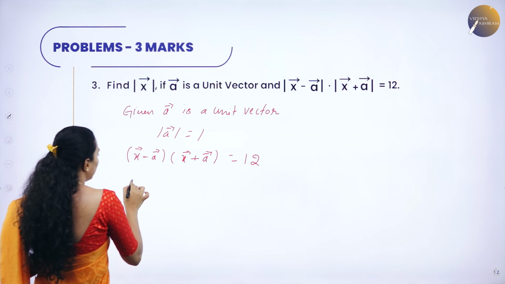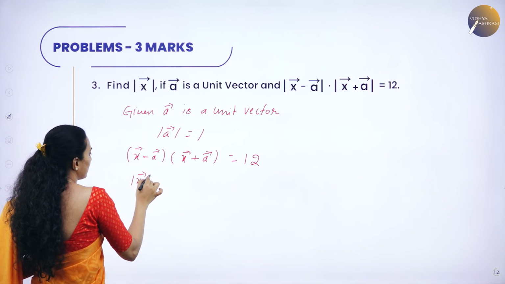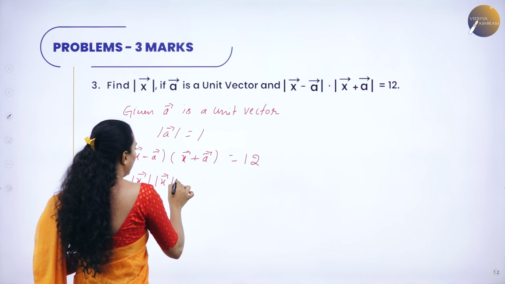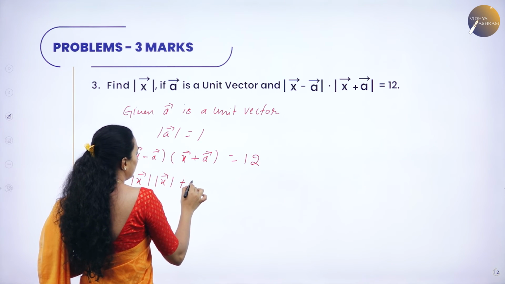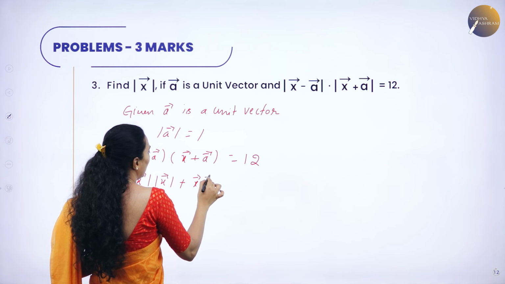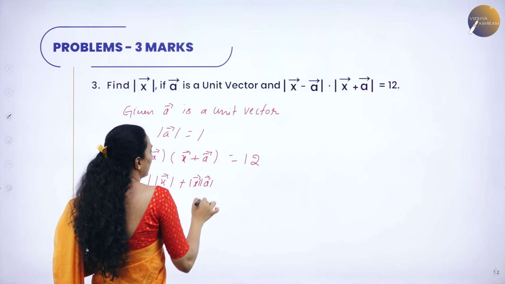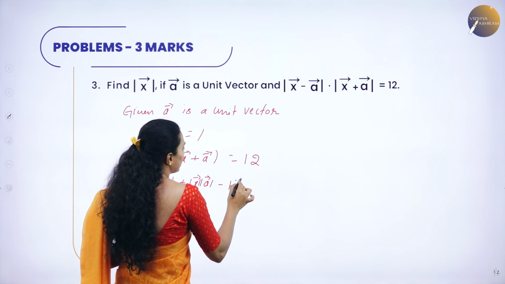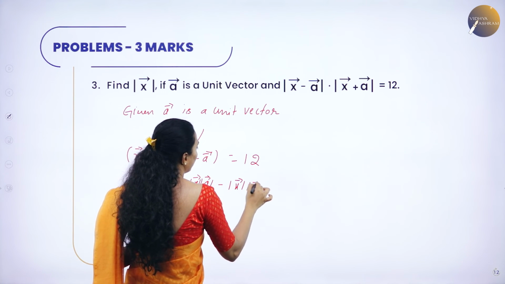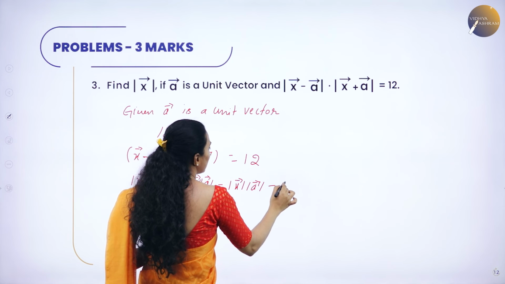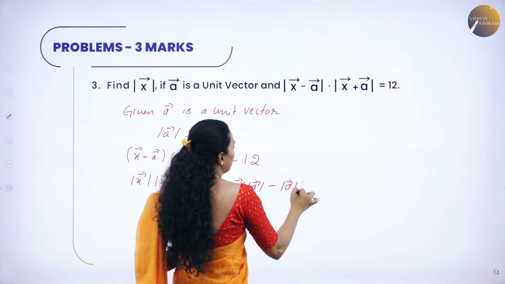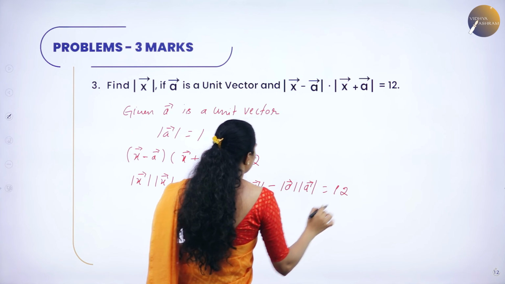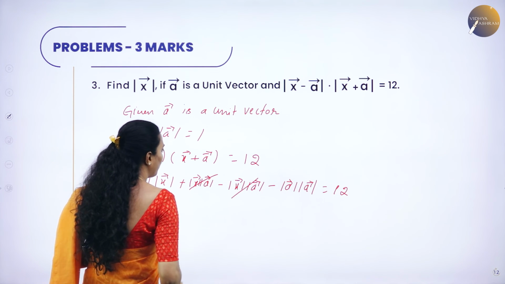Let us multiply. So, magnitude of x vector into magnitude of x vector, correct? Again, plus magnitude of x vector into A vector, right? Again, minus into plus is minus, magnitude of x vector into magnitude of A vector, again minus magnitude of A vector into magnitude of A vector is equal to 12, correct? So these two will get cancelled, one positive and one negative.